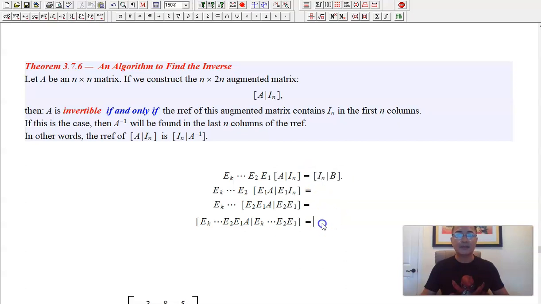So let's copy that down here. That's our conclusion. So now, matching time. This matrix product has to be, what's on the right side? This guy. And this matrix product has to be, what's on the right? This guy.